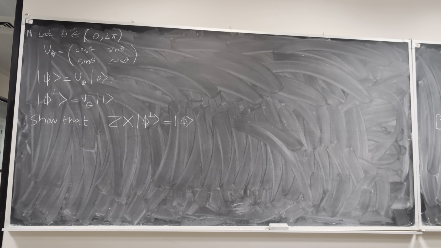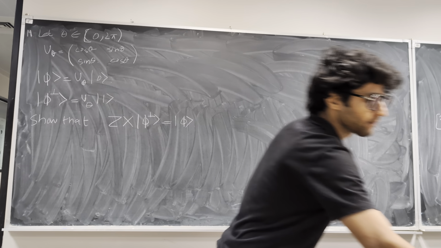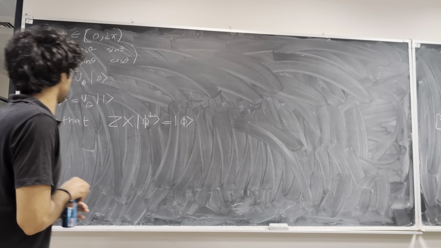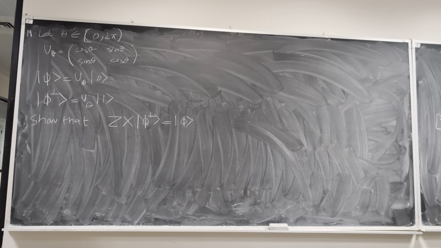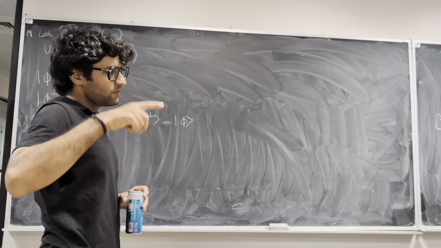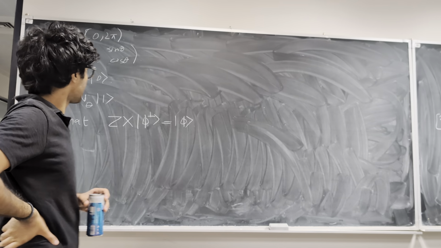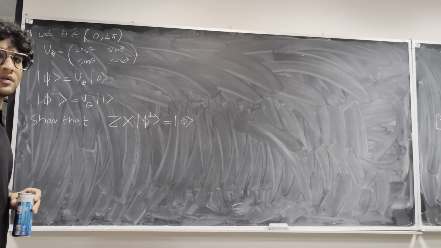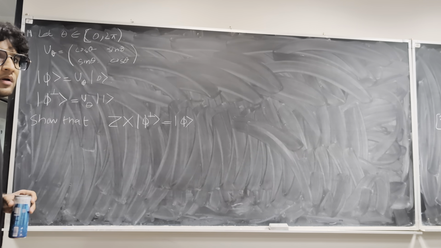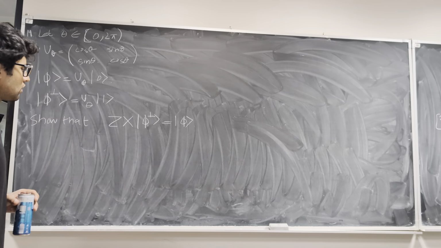तो इजी है यार. ZX is just I times phi. Right? Z is 1 0 0 minus 1. On Z times X square. That's, yeah, just minus iY. I Y. Oh, iY. Sorry. I don't think so.